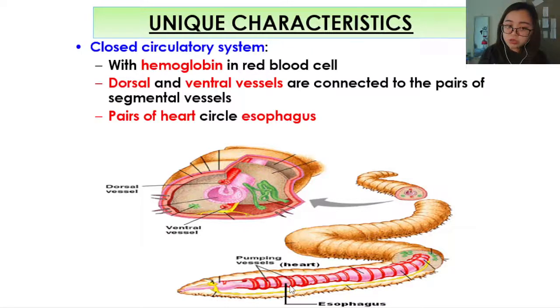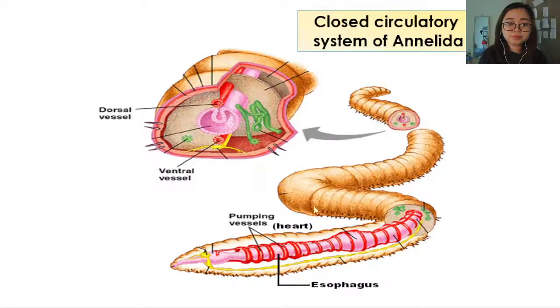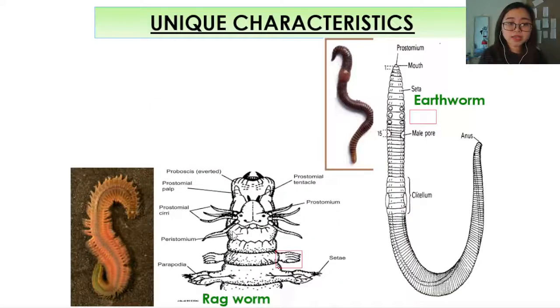So it looks weird, but that is the heart of the earthworm. There are also numerous tiny vessels in the skin of the worm for gaseous exchange. So yeah, the annelids are quite advanced in terms of their closed circulatory system. Again, this is a diagram showing a closed circulatory system of annelids.